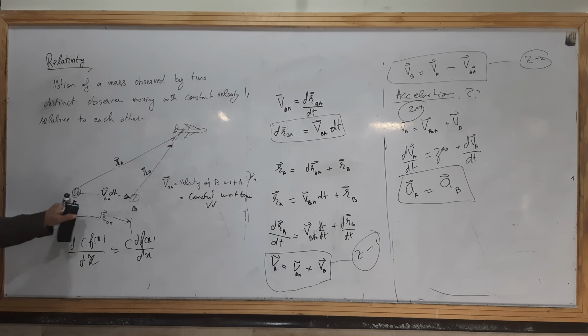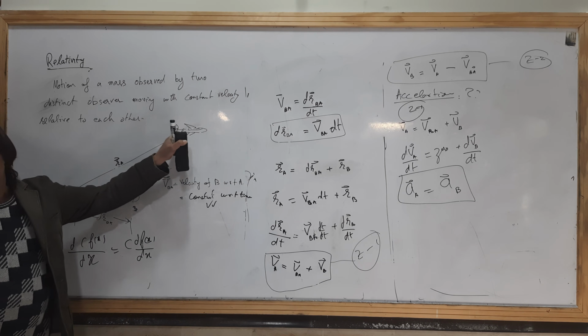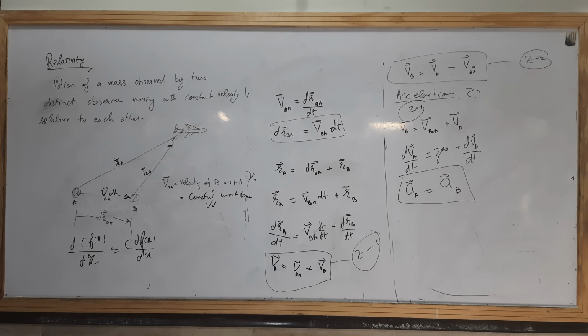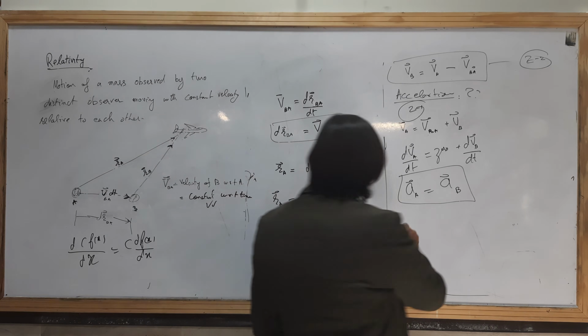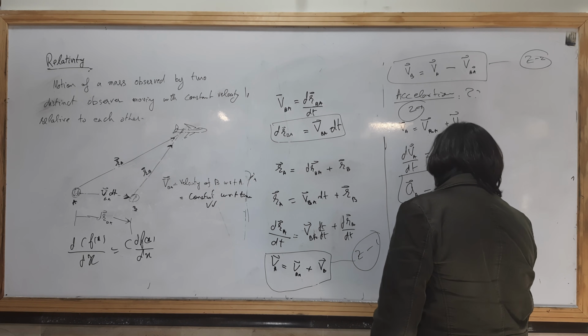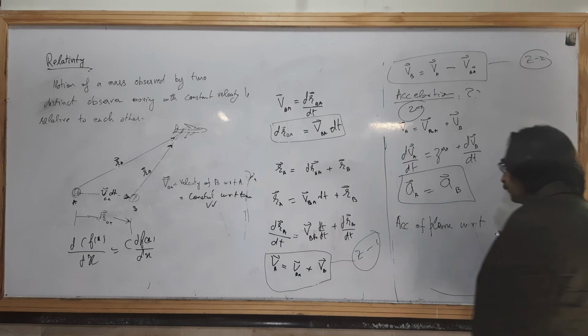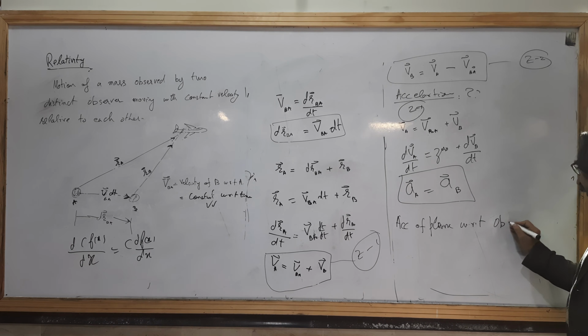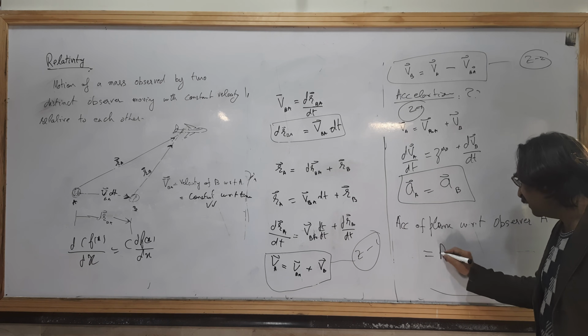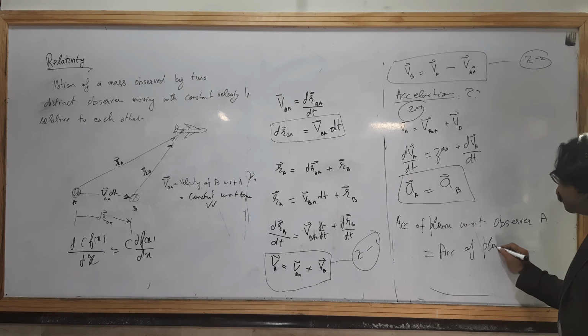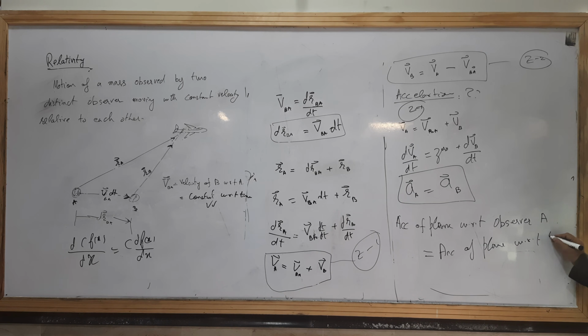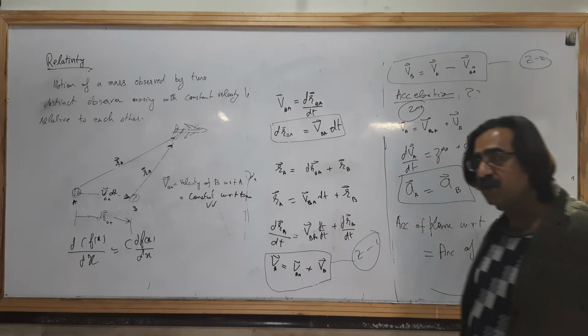If the velocity of these two masses is constant, they will observe different velocities, but according to their observation, the acceleration will be zero. So the acceleration of the plane with respect to observer A will be the same as the acceleration of the plane with respect to observer B. So there will be no change in acceleration.